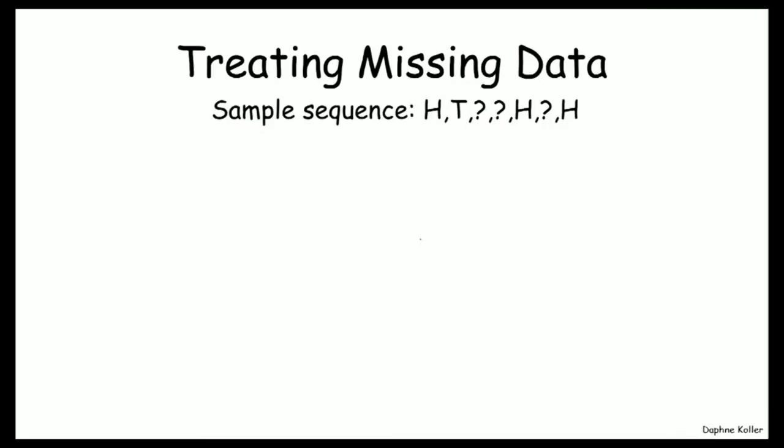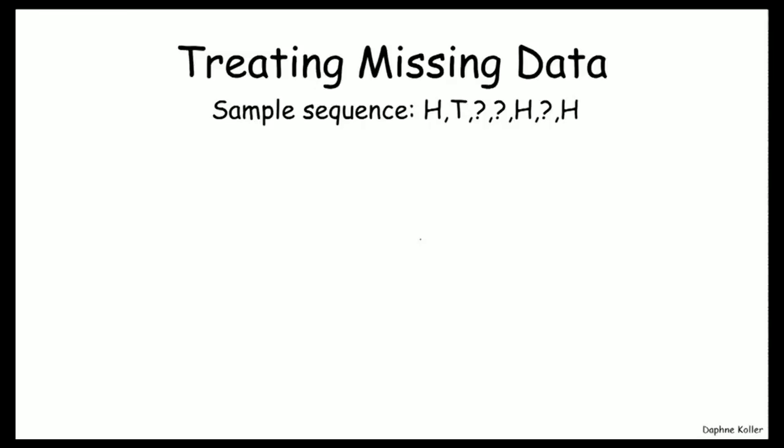So having motivated why we might care about missing data, let's think about some of the complexities that arise. Let's imagine that somebody gives us this sequence over here and says, here are these question marks that correspond to missing data. How do we treat this? And the answer is, if you don't know why these data are missing, you have no idea how to proceed.